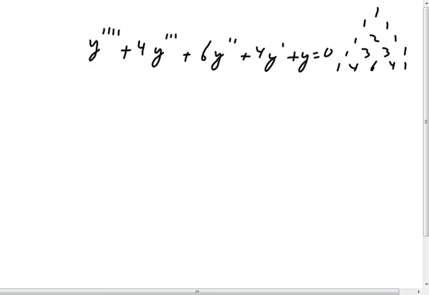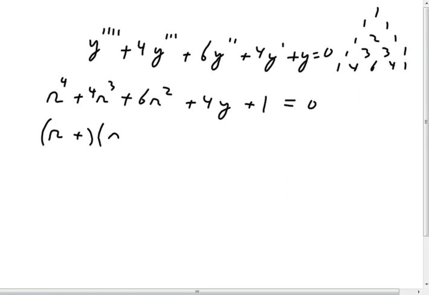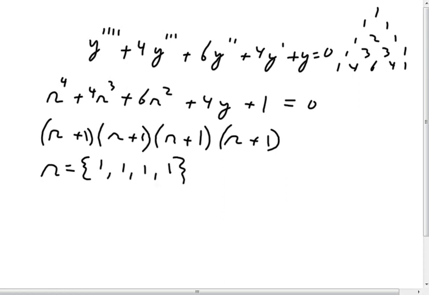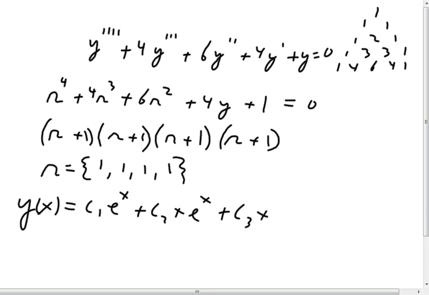Well, that would have a characteristic equation, and it would be r to the 4th plus 4r cubed plus 6r squared plus 4r plus 1 is equal to 0, and I would factor that (r + 1)(r + 1)(r + 1)(r + 1), and I would say r has the quadruple root of -1, -1, -1, -1, and I would say y of x is equal to c1 e to the minus x plus c2 x e to the minus x plus c3 x squared e to the minus x plus c4 x cubed e to the minus x.